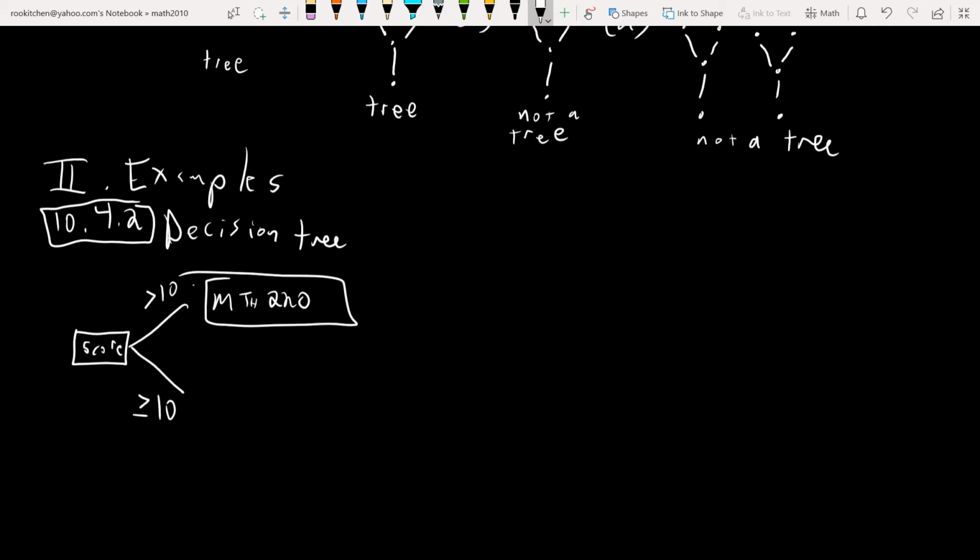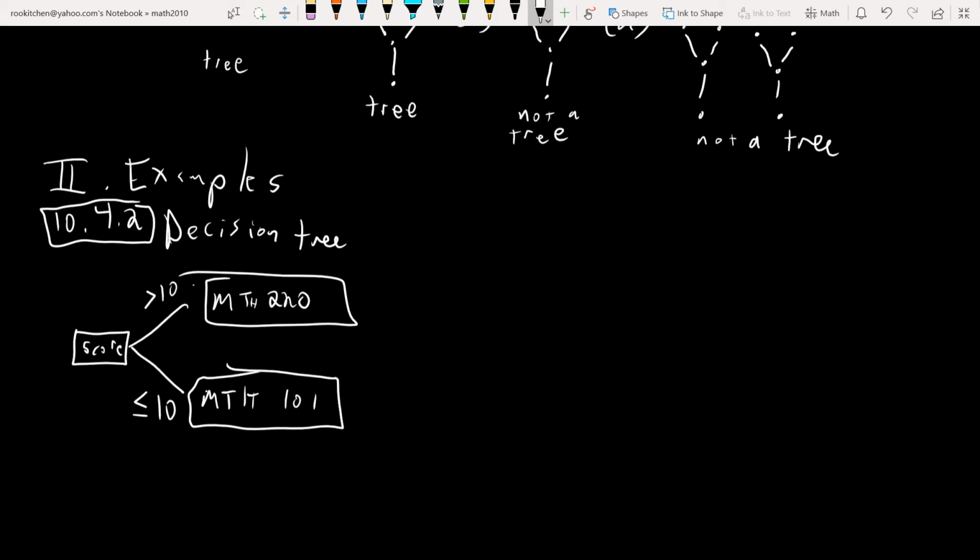Sorry, I need to adjust these inequality symbols. If you get less than or equal to 10, then you have to take math 210 or something. I don't know. Or maybe they send you to math 101. You've got to retake that.